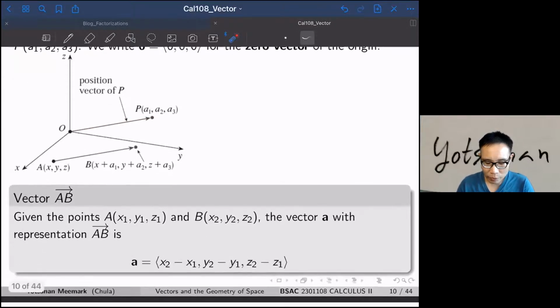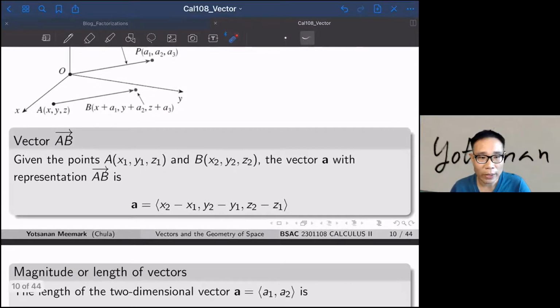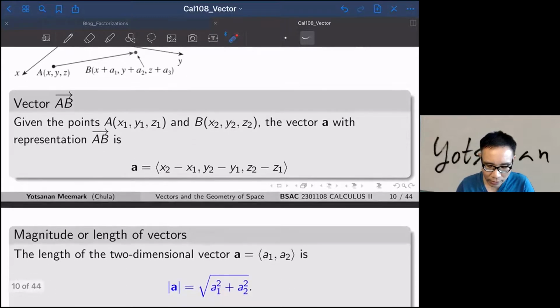And you see that if you move the initial point to X, Y, Z, then the terminal point can be moved to X plus A1, Y plus A2, and Z plus A3. So if you have arbitrary points x1, y1, z1, and x2, y2, z2, you'll be able to find the vector that represents AB.